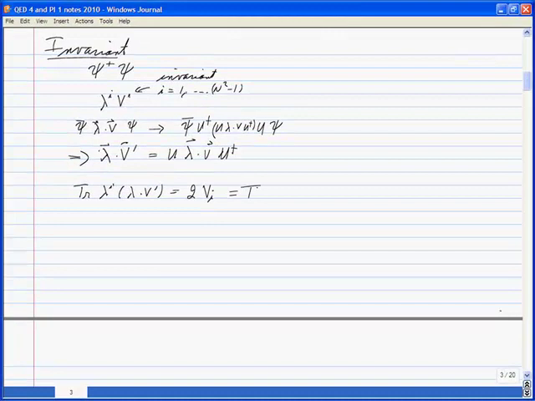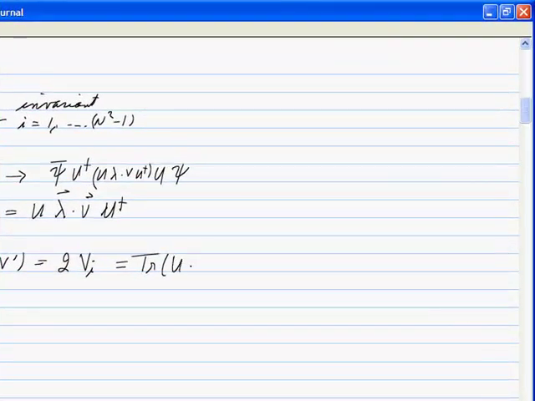On the other side, it's the trace of λ_i u λ_j u† V_j.